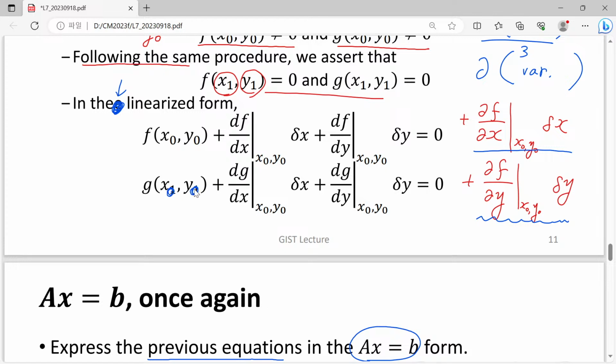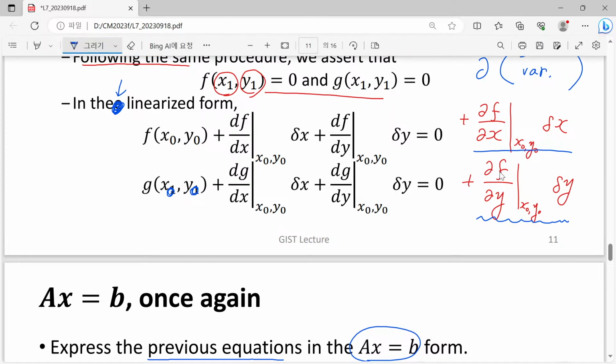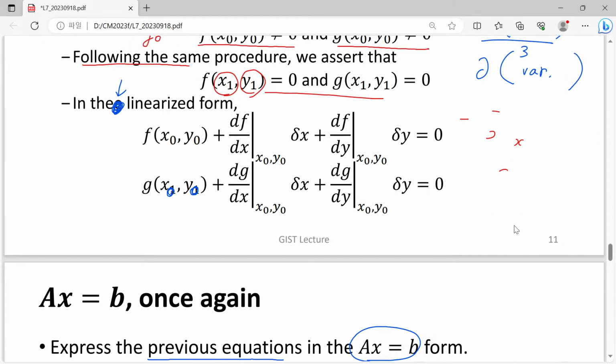Then first of all, we must introduce the x vector. Now the solution vector x can be written as this one. Now delta x, delta y is taken as the solution vector, and we want to fill this A matrix.